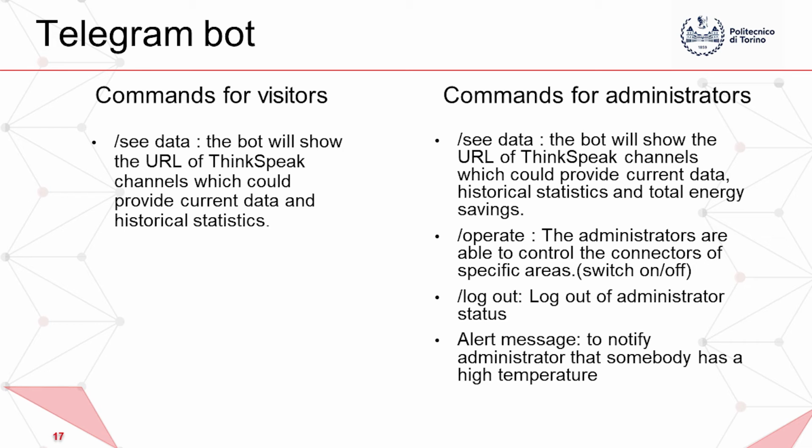Visitors can ask for current and historical statistics, which could help them avoid peak visits. For the administrators, there will be an authentication at first. In addition to viewing the data, the administrator could also control the specific connectors remotely.